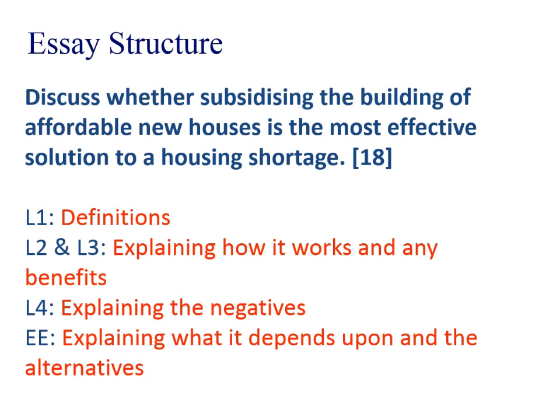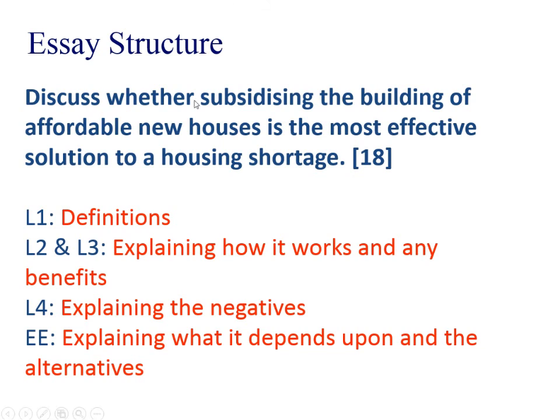Explain how it works for level 2, so saying that it increases the production, saying that it increases the equilibrium quantity, but for level 3 you need to explain how it does that and any benefits of doing that. The biggest benefit is obviously that you're going to increase consumption, so get rid of that problem of underconsumption. And explain the negatives, which we've just been through, and explain what the success of this depends upon.